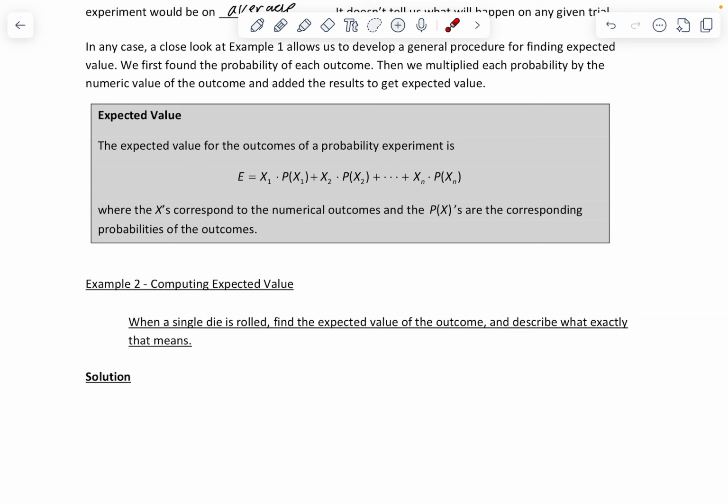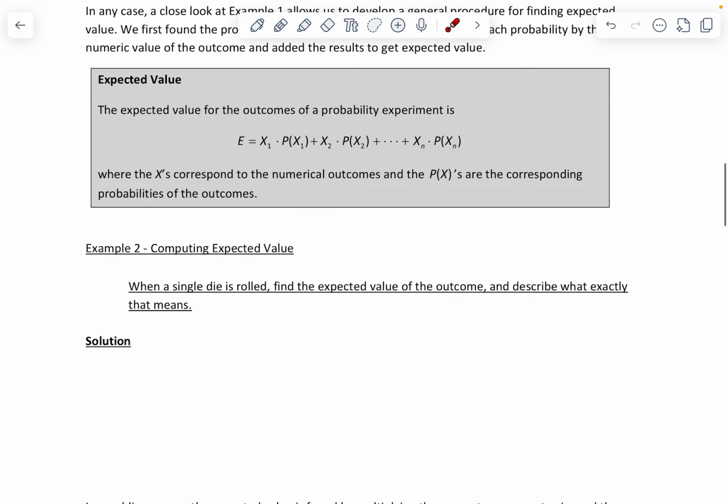Expected value equals x1 times p of x1 plus x2 times p of x2 plus x sub n times p of x sub n, where the x's correspond to the numerical outcomes of the experiment, and the p of x's are the corresponding probabilities of the outcomes. So we take each possible outcome and multiply it by its probability, and we do that for all the possible outcomes and add those products together.